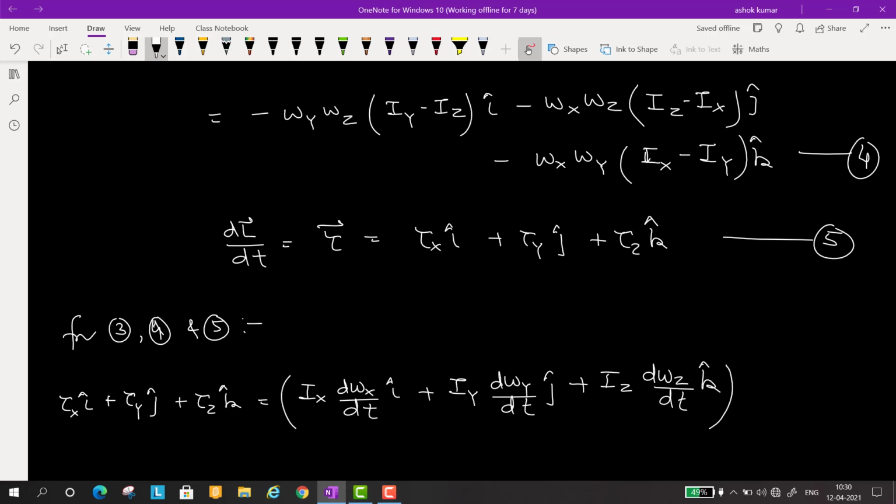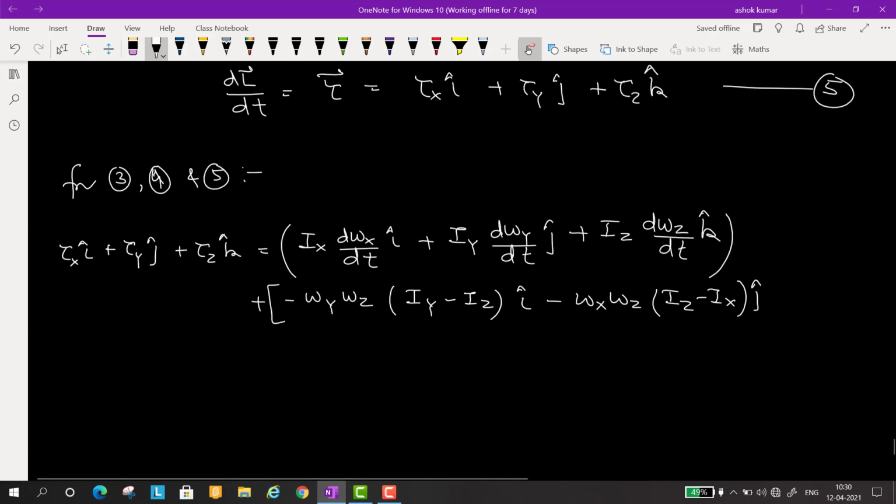This is the first term, and then we add omega cross L from equation number 4. So we can write it like minus omega y omega z (Iy minus Iz) i cap, omega x omega z (Iz minus Ix) j cap, minus omega x omega y (Ix minus Iy) k cap.